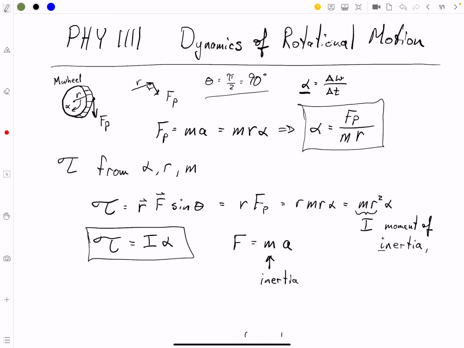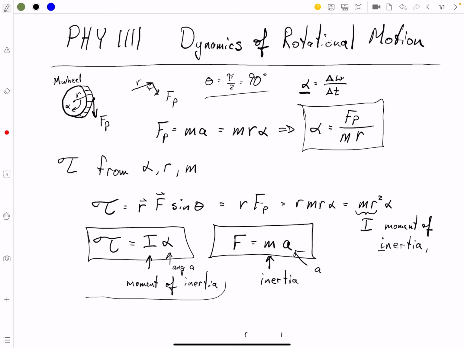And the analogous rotational thing is torque, and torque is our moment of inertia times our angular acceleration. And this is just our straight up acceleration over here with the force. So we've got angular acceleration, we've got acceleration. We've got moment of inertia, we've got inertia.